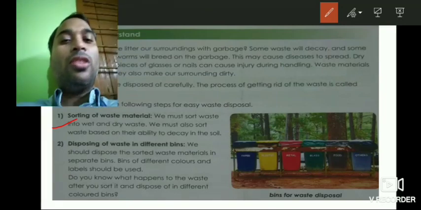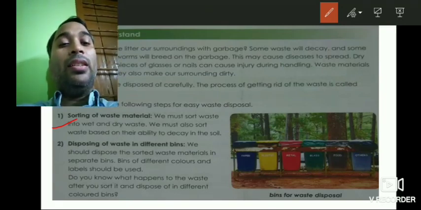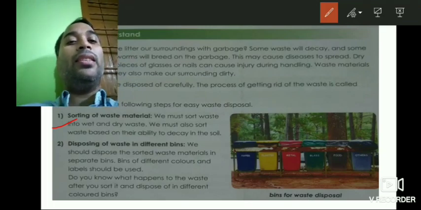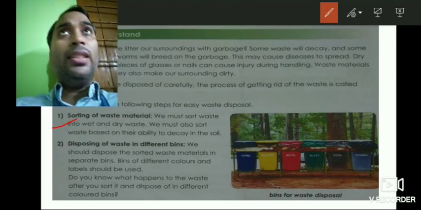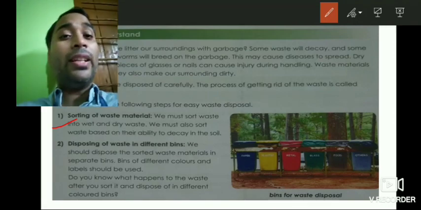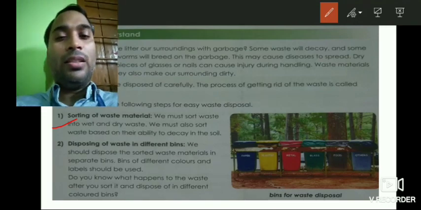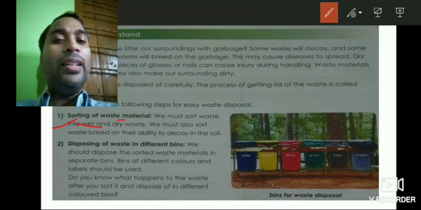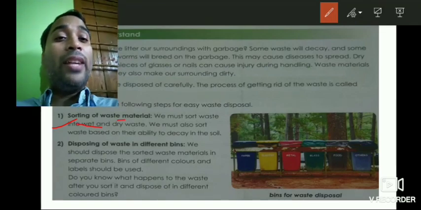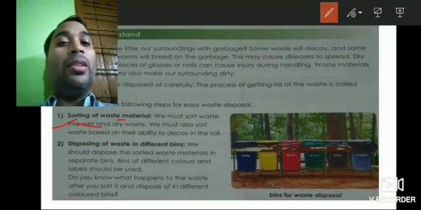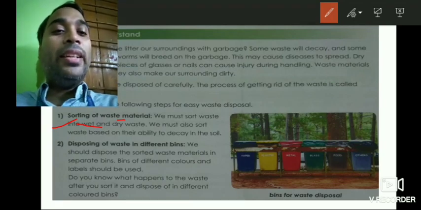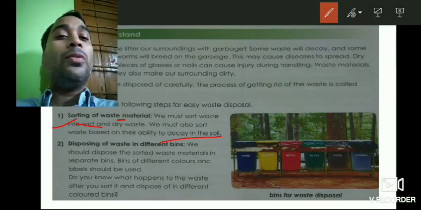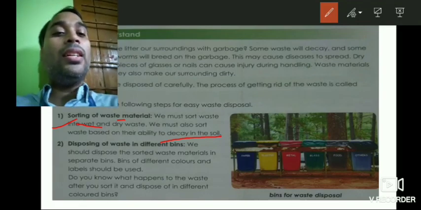So we must sort waste into wet and dry, and we must also sort waste based on their ability to decay in the soil. So we already discussed about four different categories of solid waste. First two categories were wet and dry, and then we also discussed about biodegradable and non-biodegradable. So here the waste that decay in the soil are called biodegradable, and those waste which do not decay in the soil are non-biodegradable.